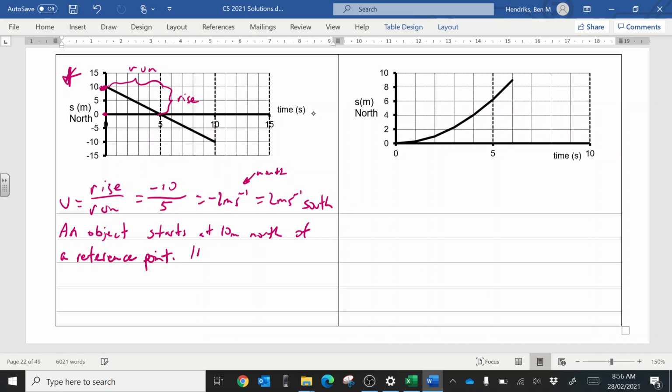And then we can say it travels 2 meters per second south for 10 seconds, with a final displacement of 10 meters south.